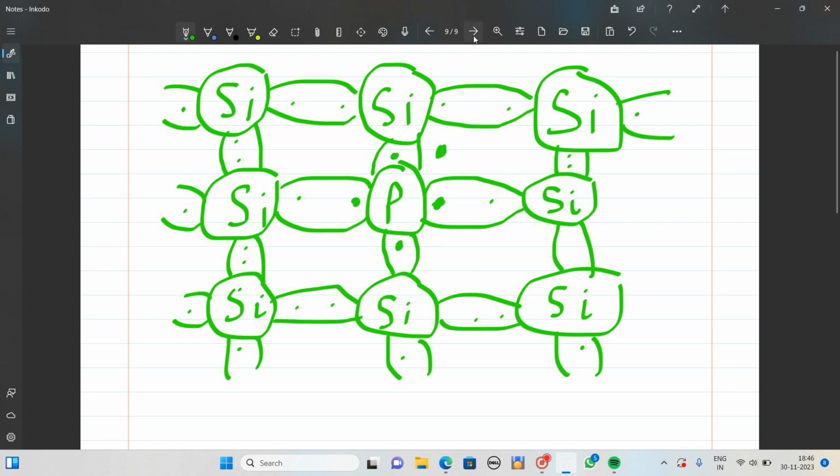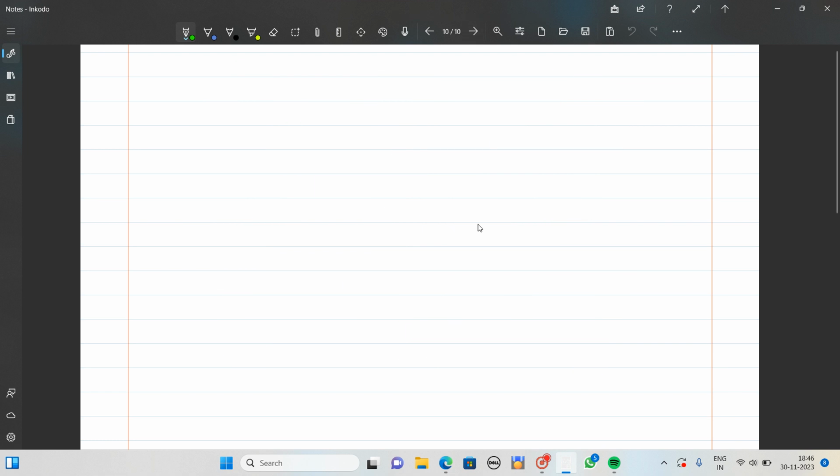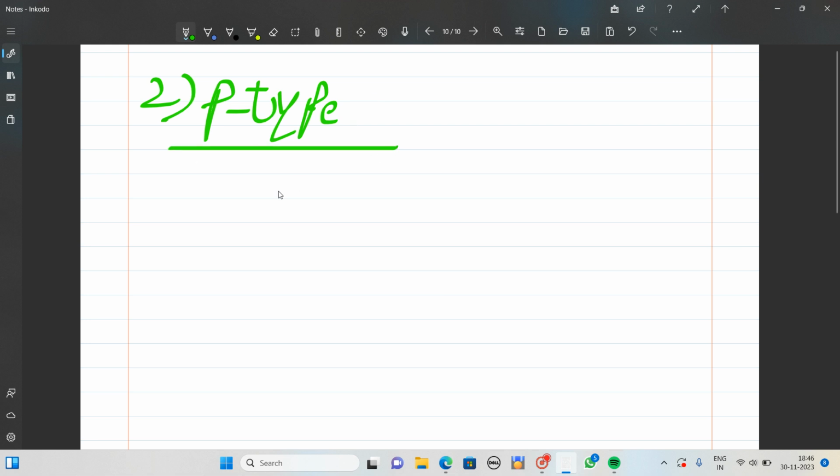So let's get on to the second one, that is p-type. In p-type comes the concept of trivalent elements.